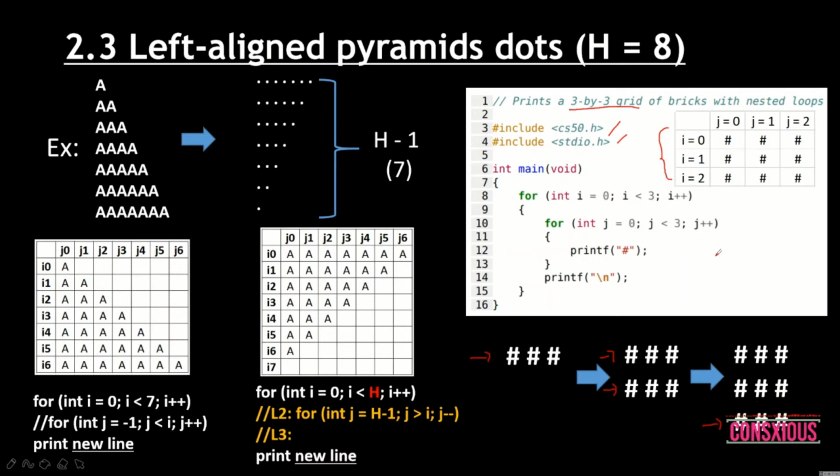This is very important for us to know how to construct this. Here, i is the column and j is the row.